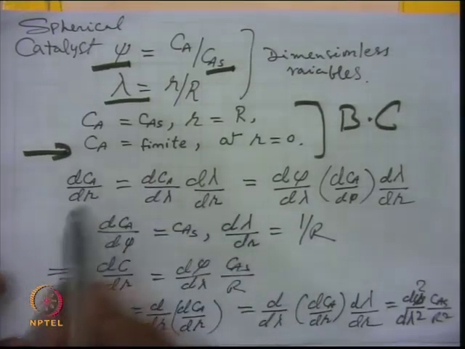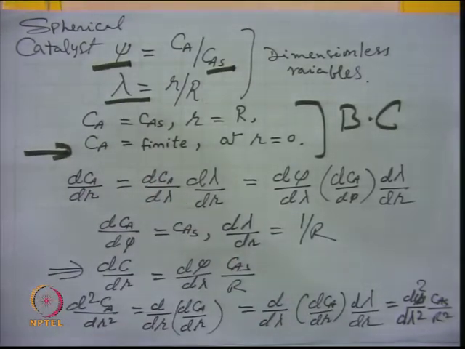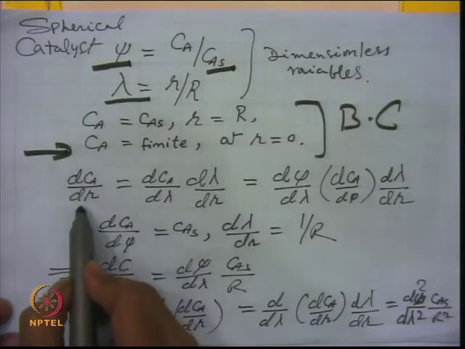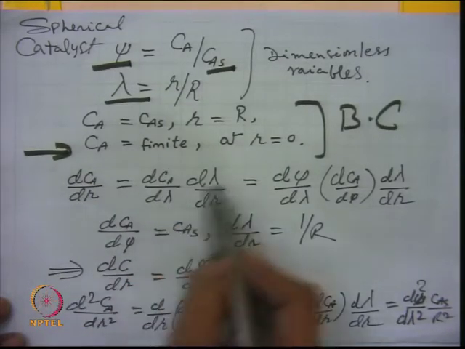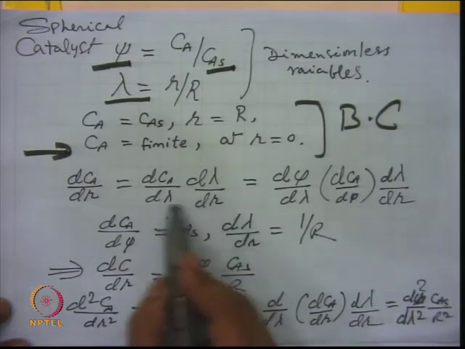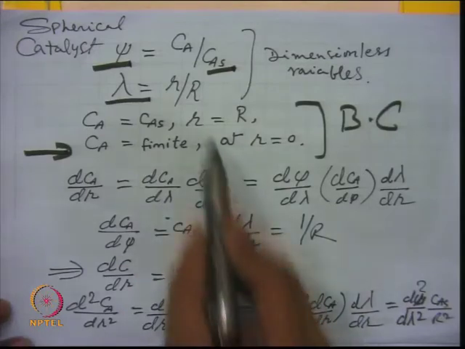So, we just converted these dC_A by dr and d2C_A by dr square values in terms of these dimensionless parameters, and I discussed that by chain rule. So, dC_A by dr is equal to dC_A by d lambda into d lambda by dr. So, we defined that here in terms of dC_A by d lambda, because we have already defined it here.